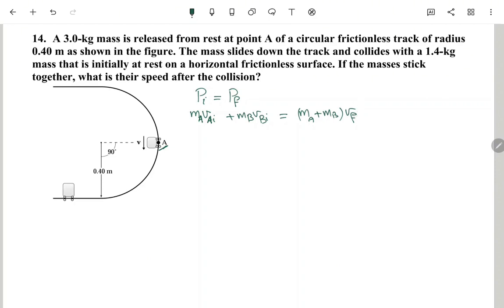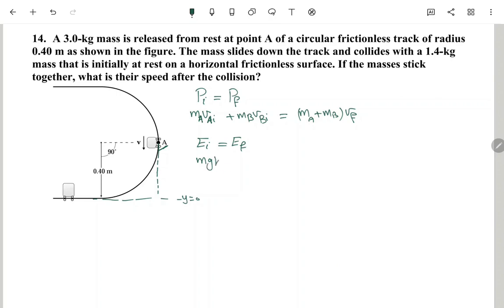Now let's use the simplified form of the work energy theorem. So E initial equals E final, and at this position right here there is only potential energy because it has some height from the ground level, so this is y equal to 0.